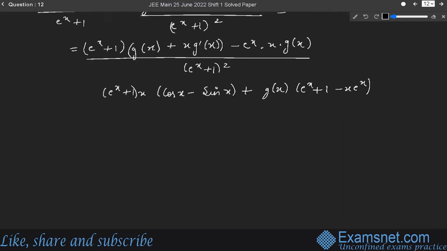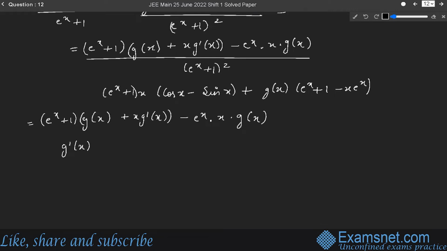So this will be equal to (e^x plus 1) into g of x plus x into g dash x minus e^x into g of x. So we can say that g dash x will be equal to cos x minus sin x. Therefore, g of x will be equal to sin x plus cos x plus c.